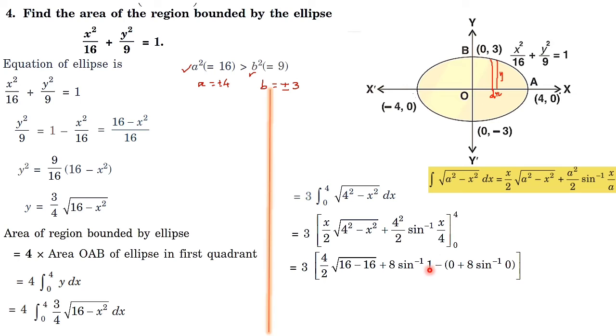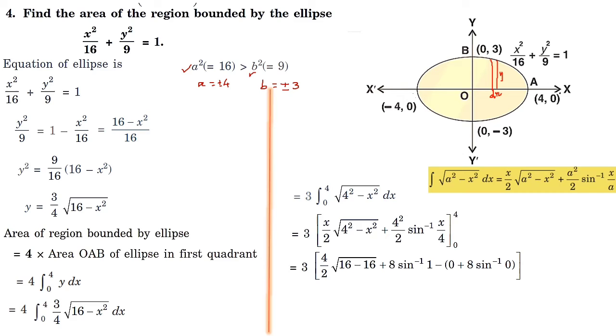Okay, then very carefully you have to substitute, then minus the lower limit, that means 0 into any quantity, here 0 is there, 0 into any quantity is 0, then plus here 4 square is 16, 16 by 2 is 8 into sine inverse 0 by 4, 0 by 4 is 0.